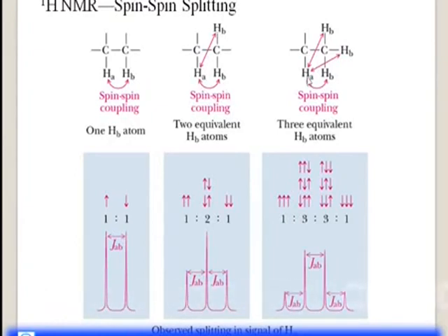For this particular proton, the coupling would take place with this, this and this. So three equivalent protons, and you can see how the spectrum splits: doublet, triplet and quartet. You can see the coupling constant also, the distance between these two peaks.